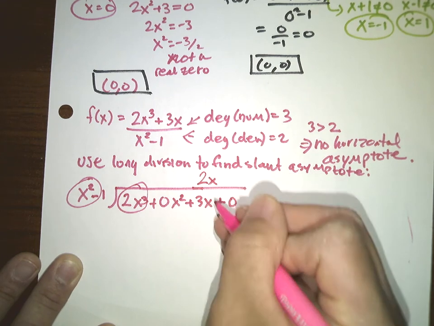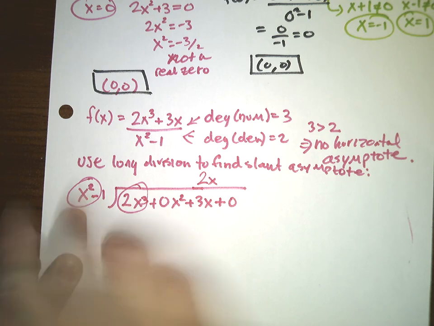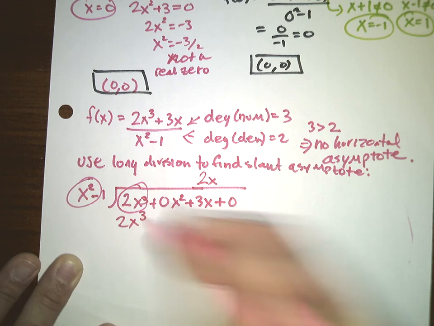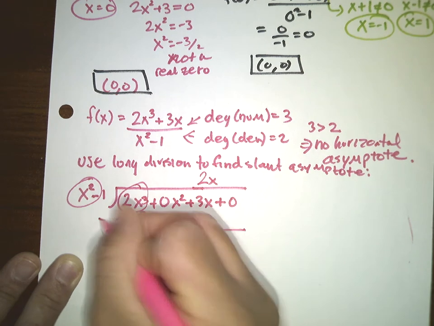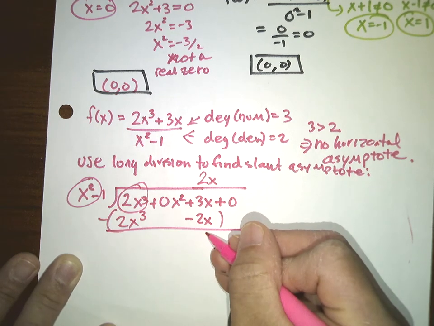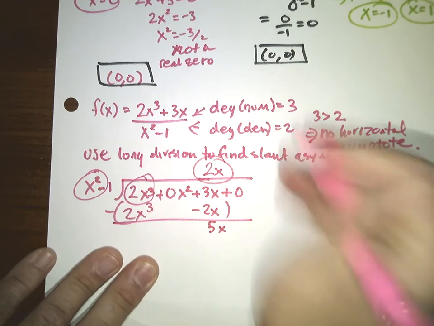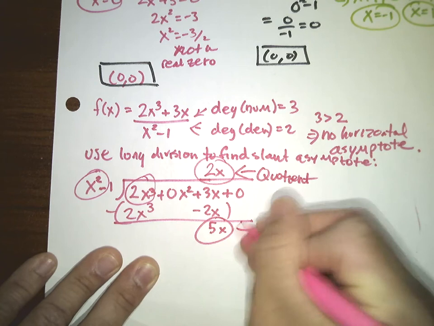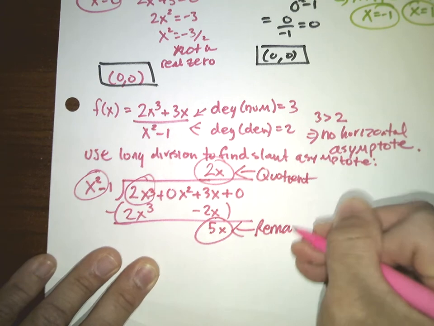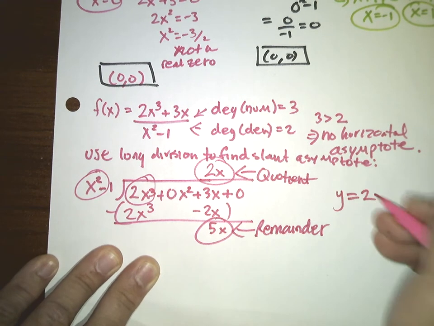So 2x times x squared minus 1 is 2x to the third minus 2x. If I subtract, I get 5x. But remember, this is the quotient, and this is the remainder, and the slant asymptote is just equal to the quotient. So the slant asymptote is y equals 2x.